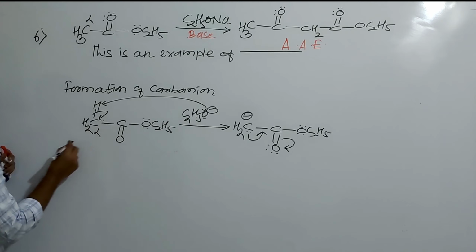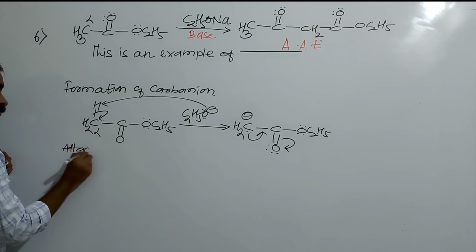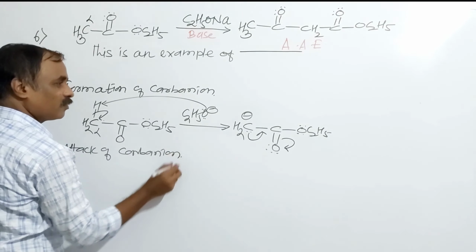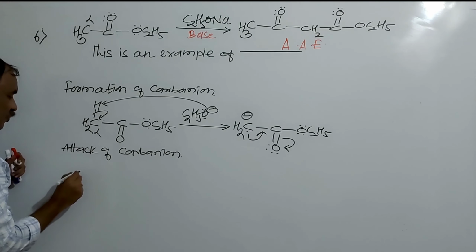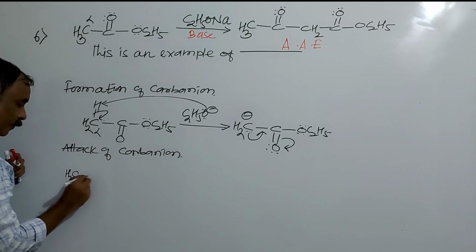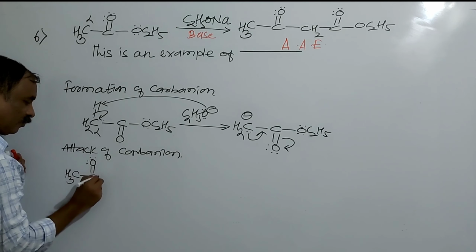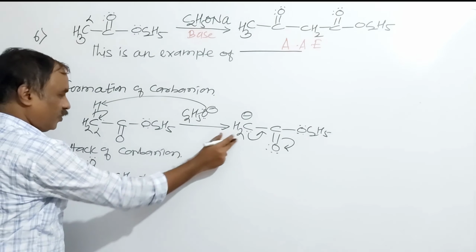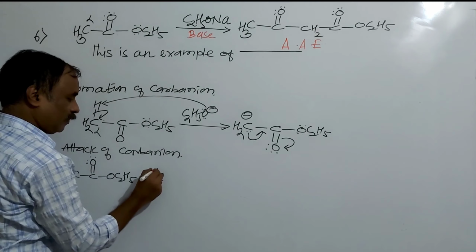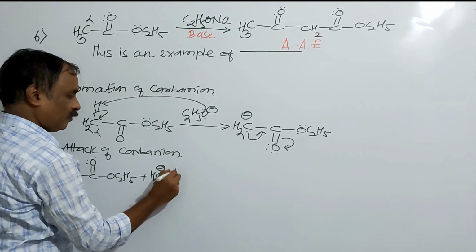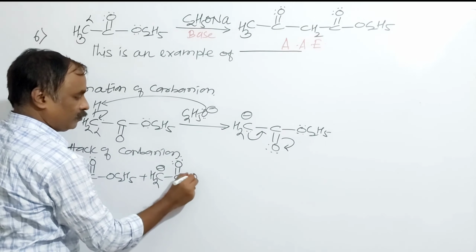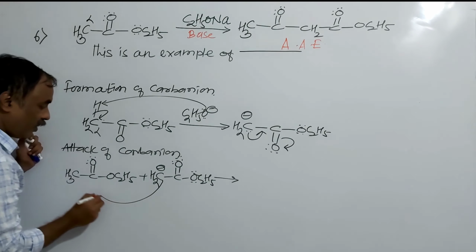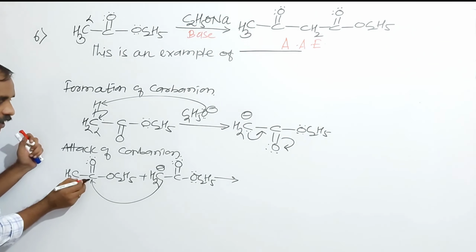Then attack of the carbanion, the nucleophile, on the second molecule of ethyl acetate. Here it is a carbanion. Attack of the carbanion here, and now this carbon will be pentavalent.